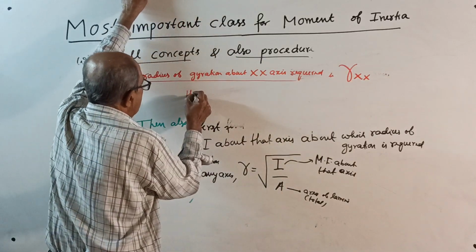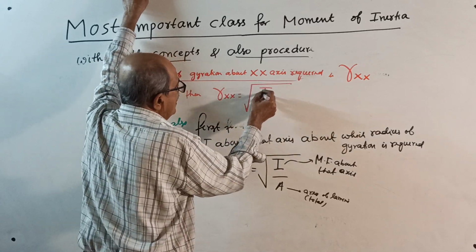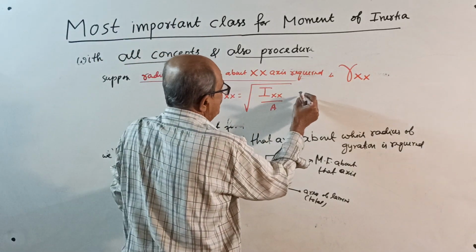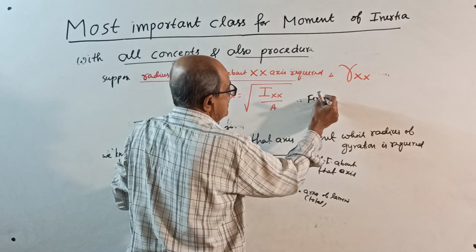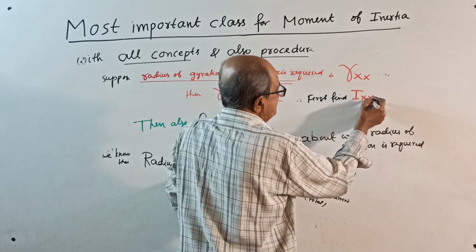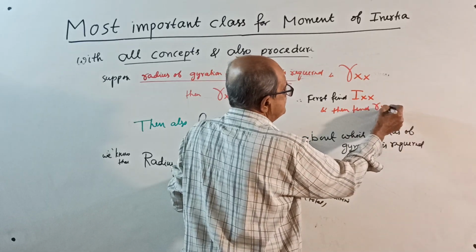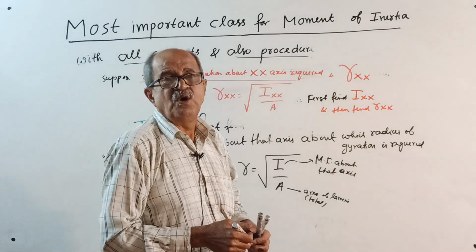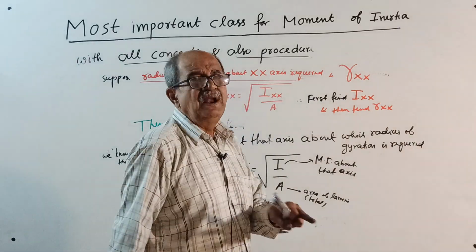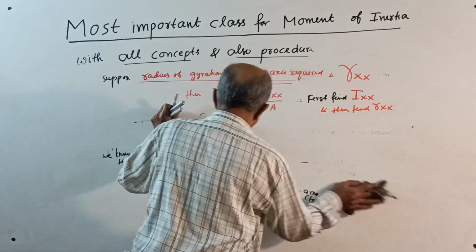Then R about xx equals square root of I about xx divided by area. Right. Therefore, first find Ixx and then find Rxx. So, asking for radius of gyration is actually nothing but asking moment of inertia. One extra line, that's all.